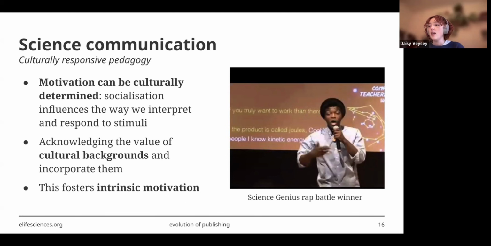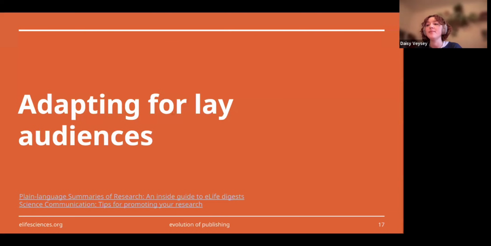An example of this is the Science Genius rap battles, which I've got here still on the frame, and I would really encourage you to look it up because it's really cool. But the goal is resonance, making people feel seen and included in the process of learning and understanding and knowledge sharing. And when you do that, they're far more likely to engage, ask questions, and take ownership of their learning.